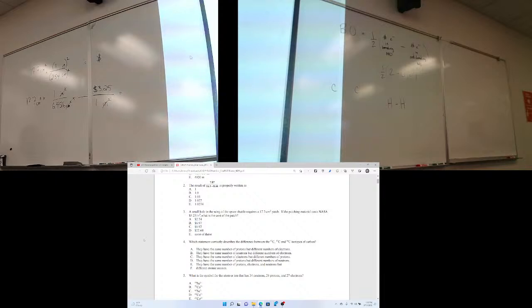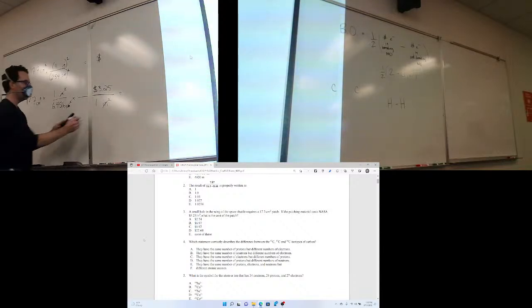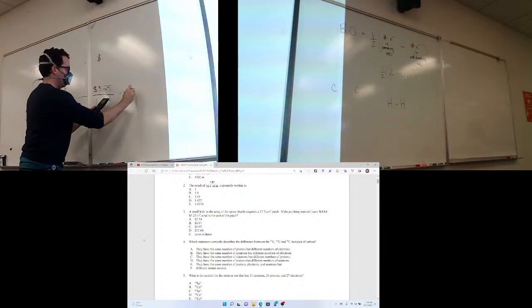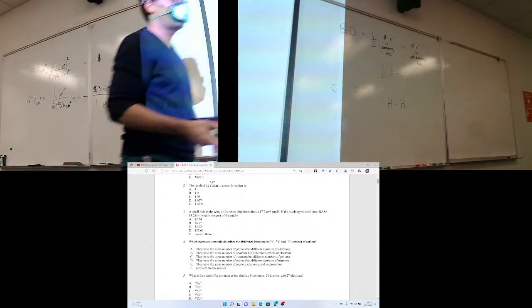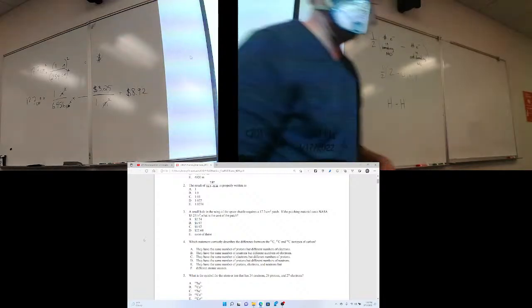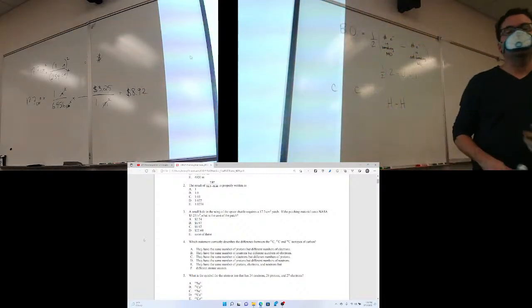So 17.7 divided by 6.4516 times 3.25 gives me $8.92. I round it properly. Does that help? So the key part is knowing to square both numerator and denominator. You square the value and the unit.